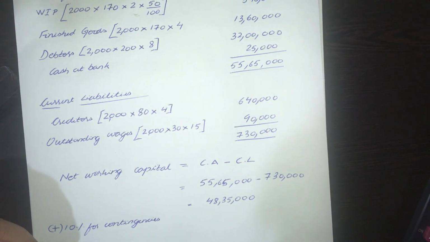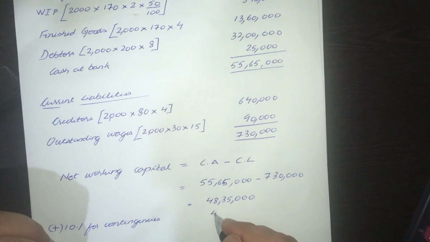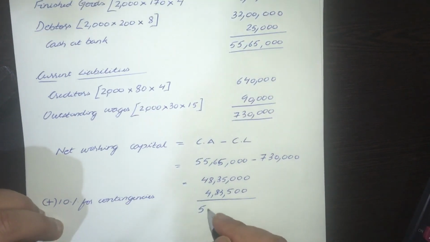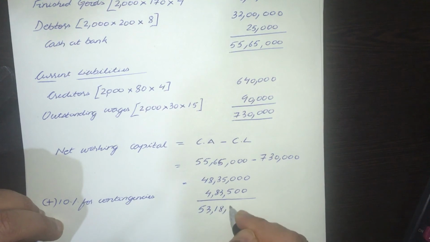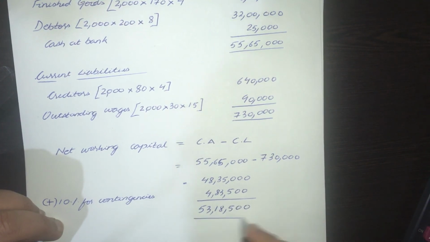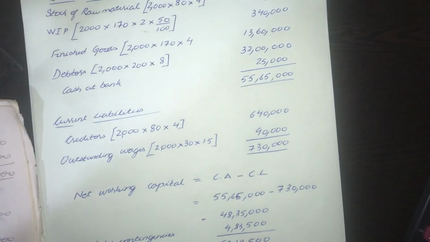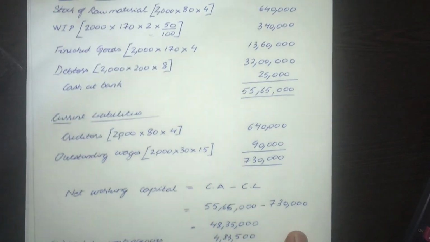So it will be 4 lakhs 83,500. So 48 lakhs 35,000 plus that works out to 53 lakhs 18,500. So there we have it. So that is your net working capital required.